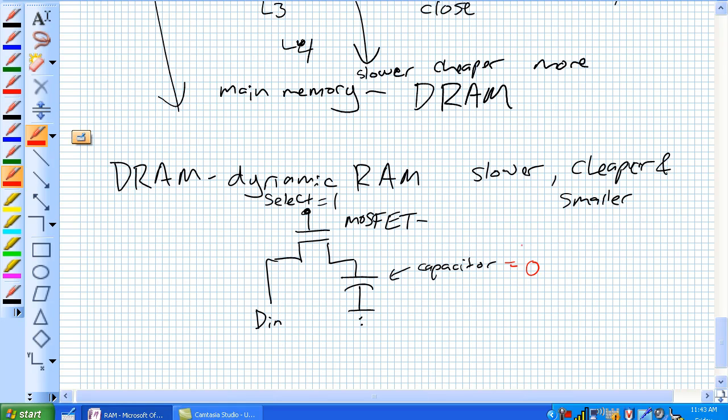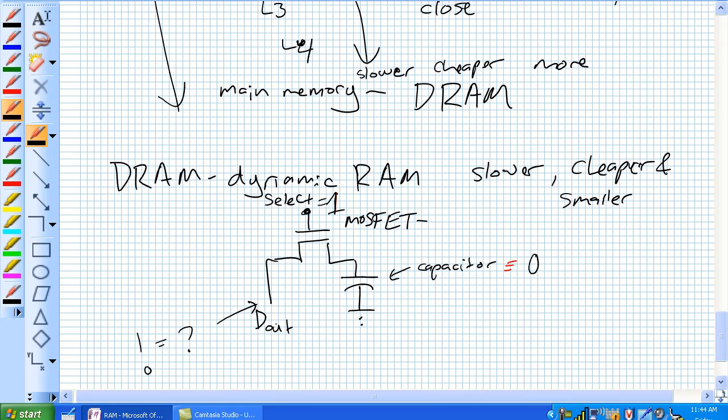We want to go ahead and read it. Let's say there was a 1 on it. You've got to go ahead and select it and figure out now our D out and D in, the same thing. Just basically, what is the signal here? Is it a 1 or a 0? Basically reading it. Same thing, if it was a 0, we want to read it.